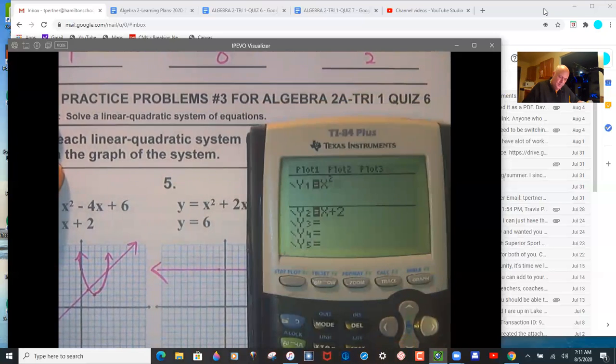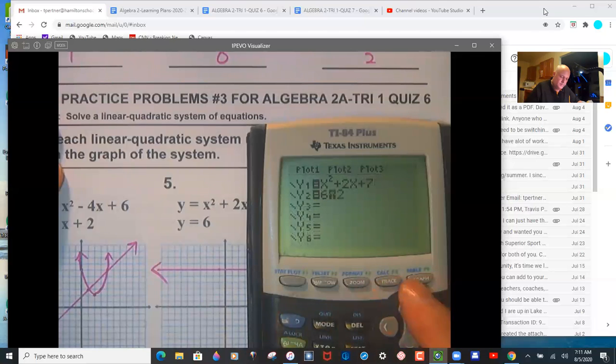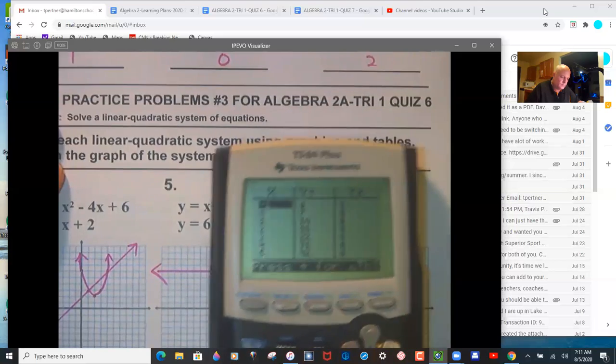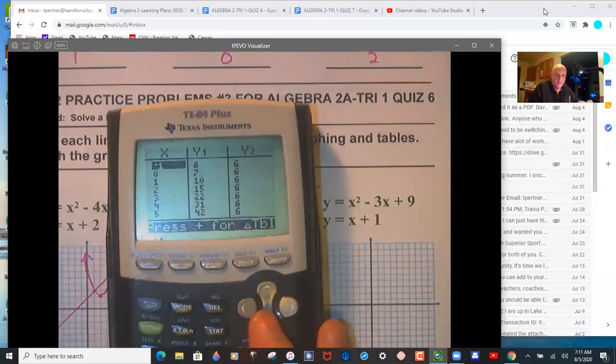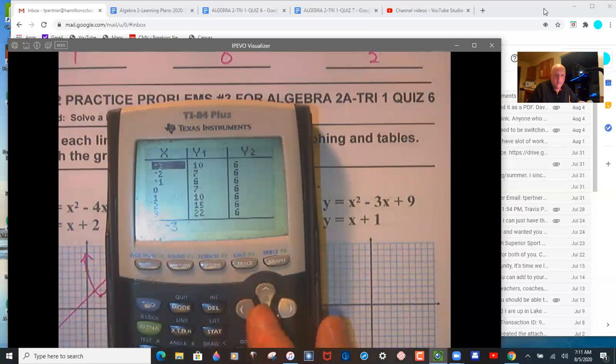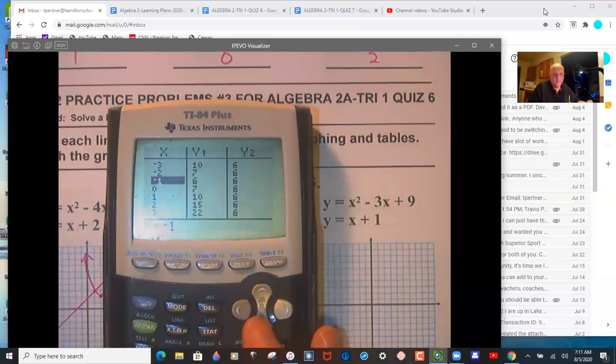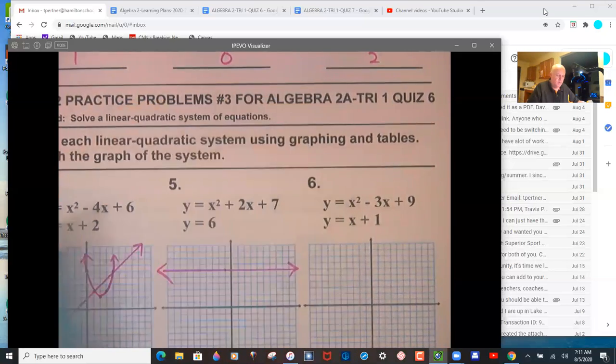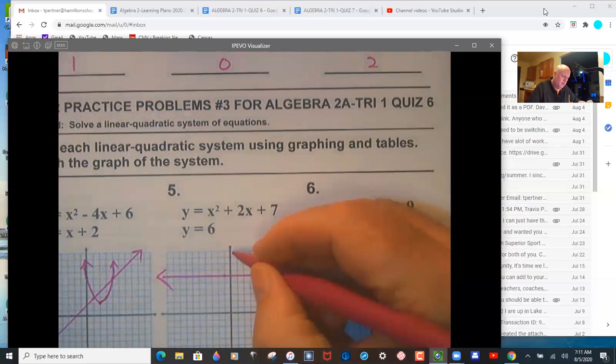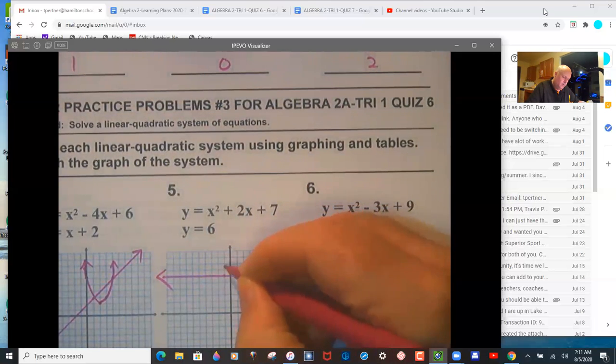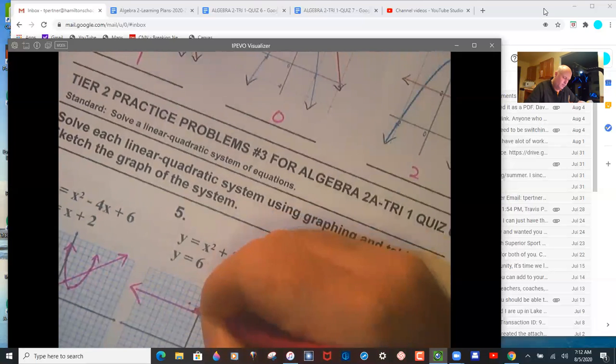So x squared plus 2x plus 7, and then 6. So you see at (-1, 6) is that point of intersection. It's also the vertex. And (0, 7), so the quadratic will open like this.